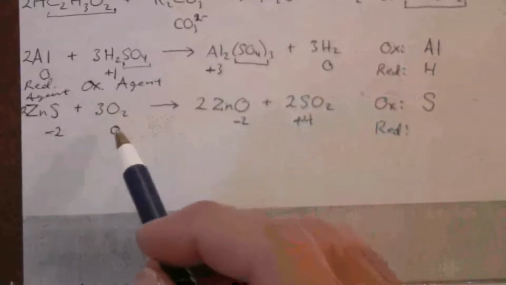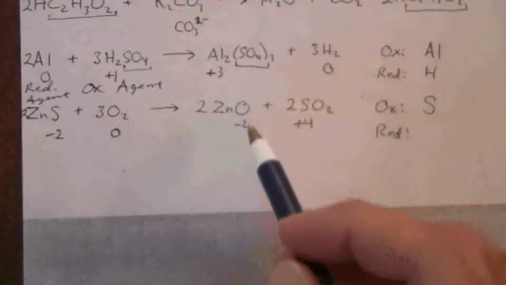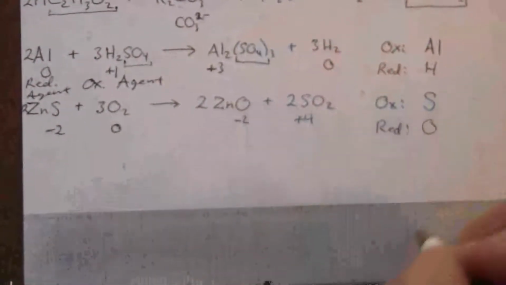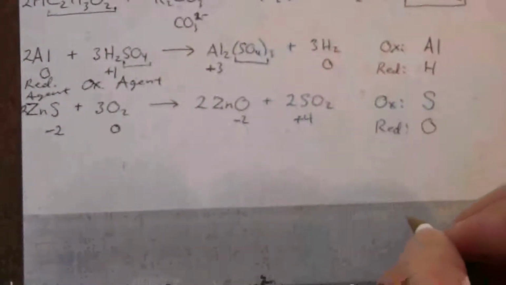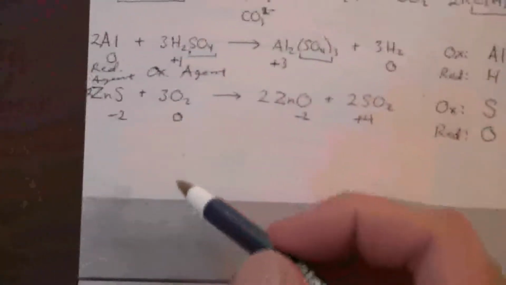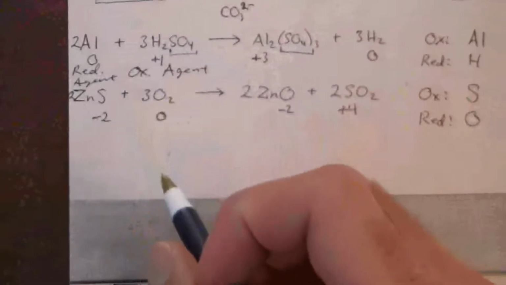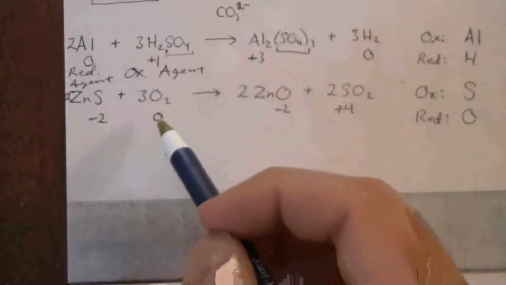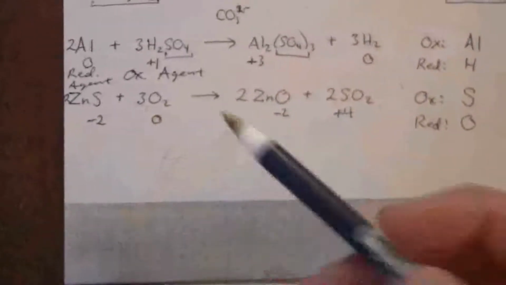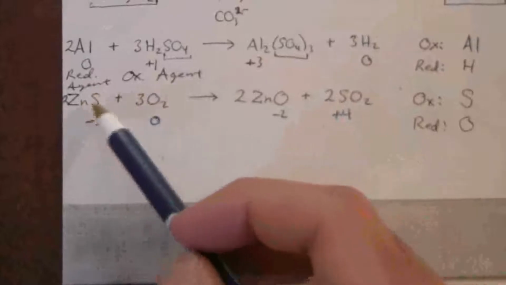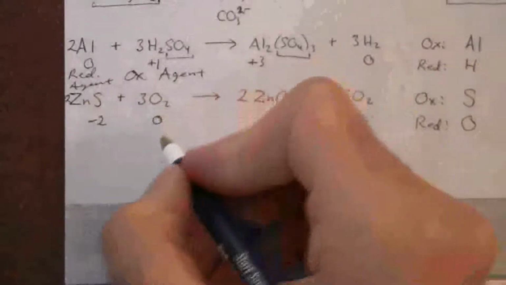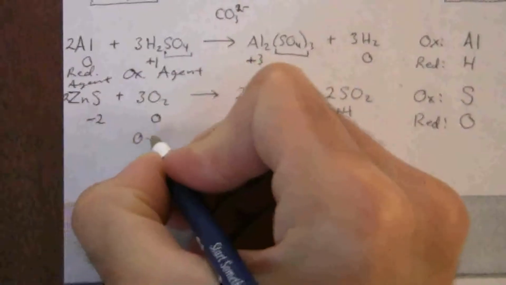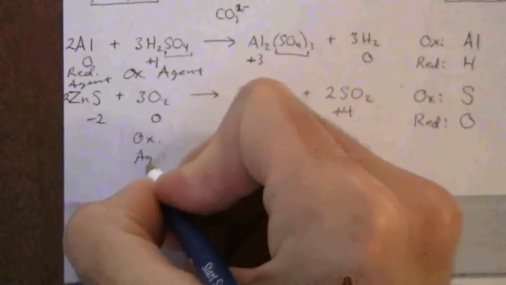And the oxygen itself is reduced. 0 to -2 is a reduction. All right. Let's determine the oxidizing and the reducing agent. Well, the oxygen itself must be the oxidizing agent, right? It's what is oxidizing the sulfur, and so this is indeed our oxidizing agent.